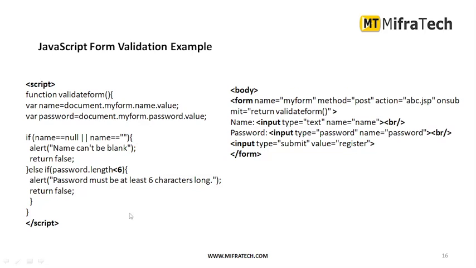If these conditions are not met, it will show as invalid. Next, we are creating a form. Here in the script we give the form validation. The name can't be blank: when we don't enter a name, it will not be accepted. And the password also must not be less than 6 characters. Then we create a form with the name and the password.